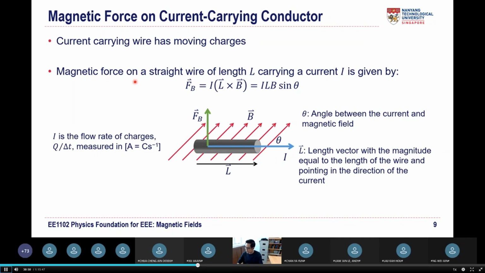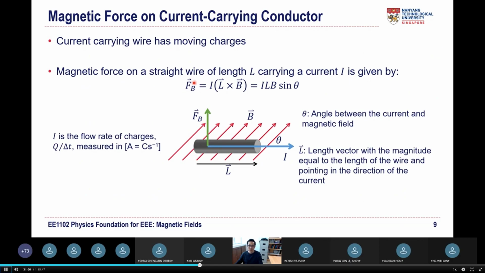If you place it under a magnetic field, it's also going to experience some magnetic force, right?